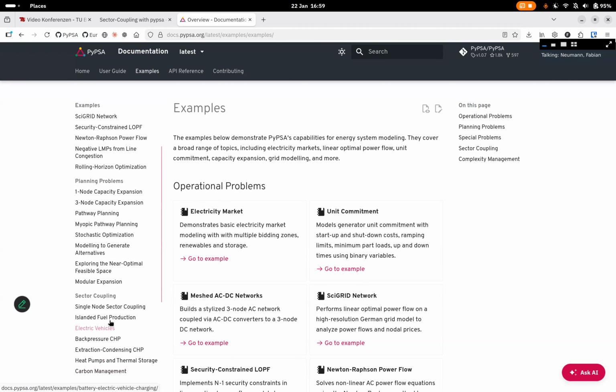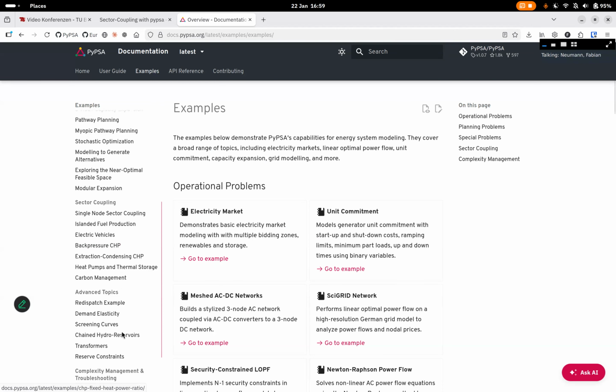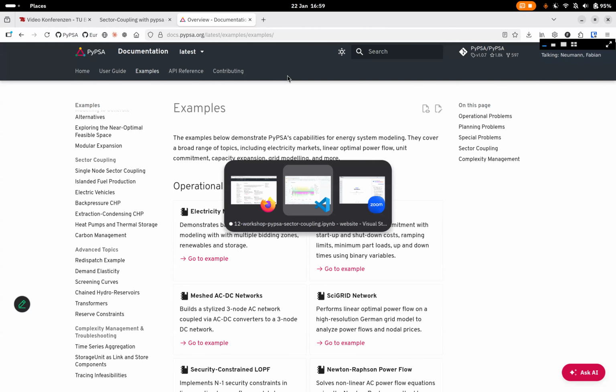Other interesting things: unit commitment, which we didn't talk about. Some conventional power plants have constraints on how quickly they can change their output, so these would be additional constraints added to the model, and a couple more, but that is up to your taste, what you find interesting. If you want to explore more, you're more than welcome to go through the examples, and I'm also there to answer questions.